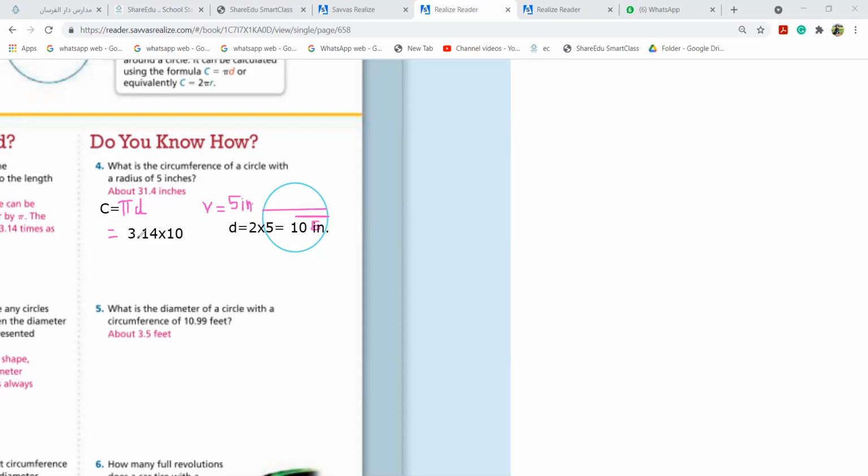There is a 1 0, so in multiplication it will move to the right side. So your answer is 31.4 inches. Not inches square, just 31.4 inches.